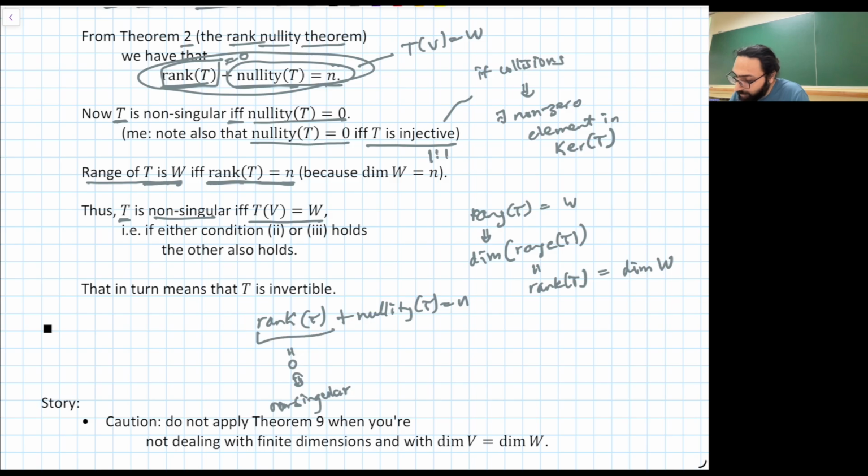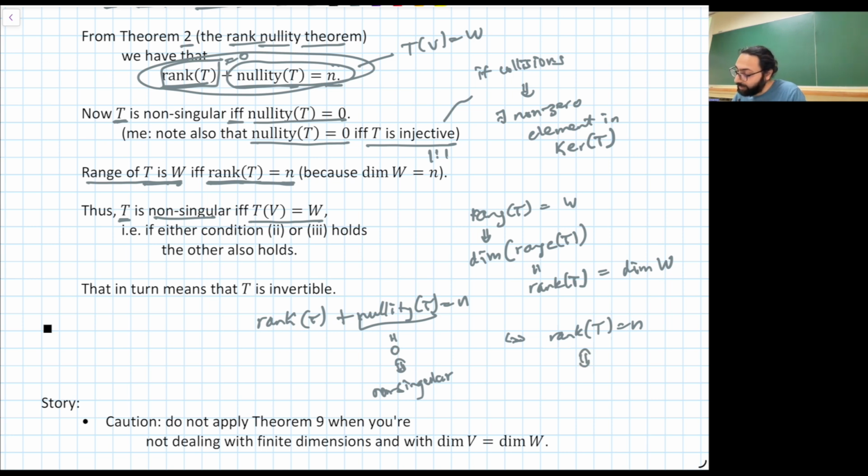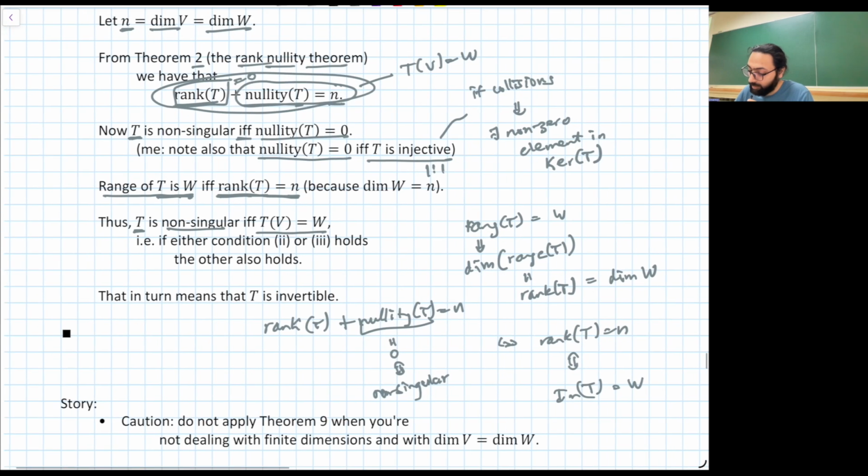Let me fix that. So the nullity is zero, which means that the rank of T is the same as N. That is equivalent to saying that the image of T is the same as W. That's what gives you the direction.